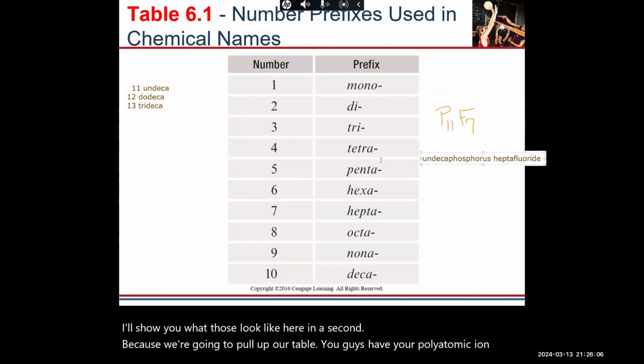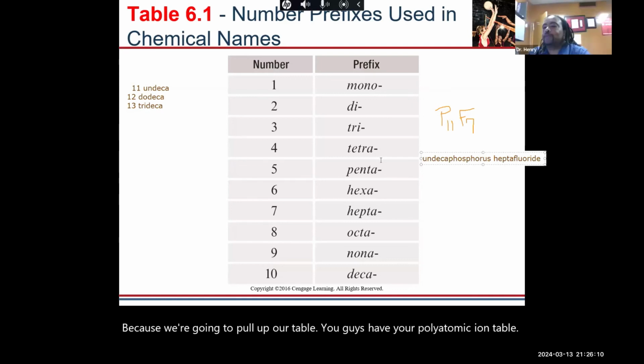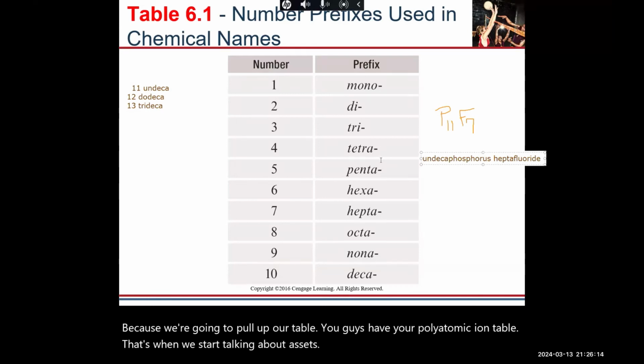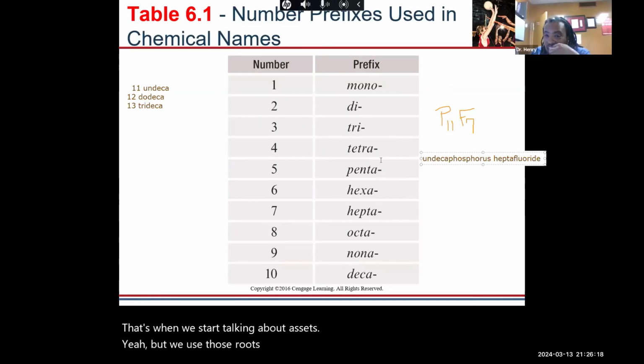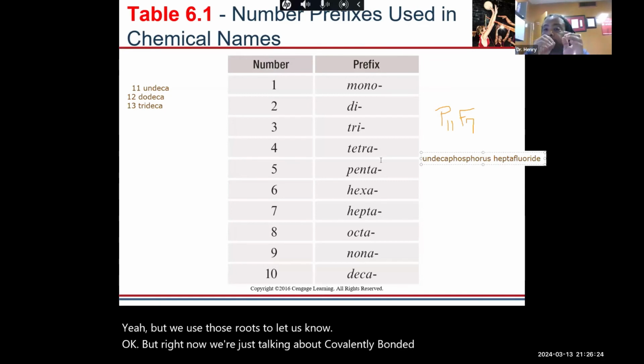And the other one, with acids, that's when we start talking about acids, but we use those roots to let us know. Right now we're just talking about covalently bonded compounds.